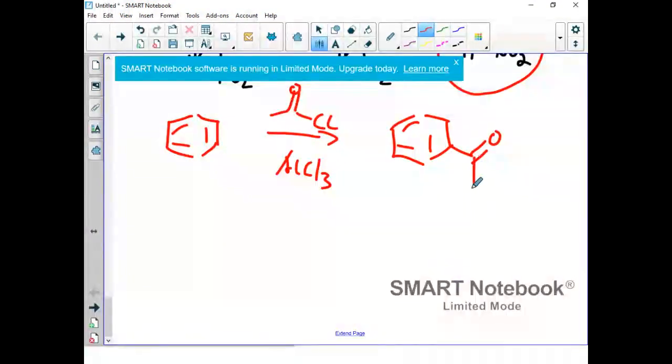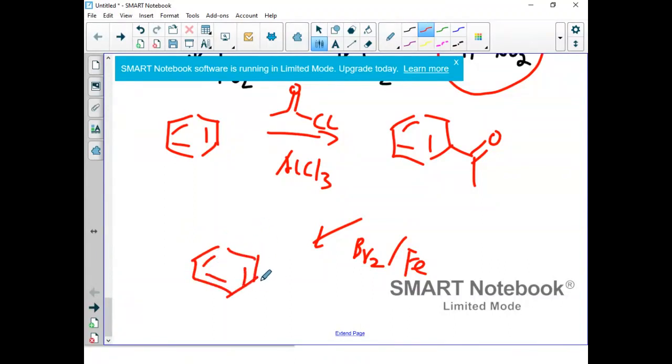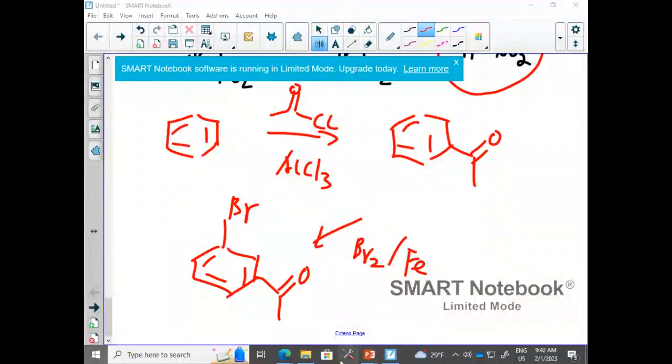Then you do the bromination. Okay, that should work. Bromine first will not work.